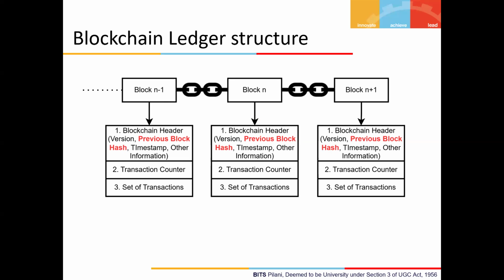The second one is the transaction counter, how many transactions we have in that particular block, and the set of transactions we have in that block. This is how they are connected to each other because of the previous block hash. We are storing in each block the hash of the previous block. So this is how they are connected to each other.